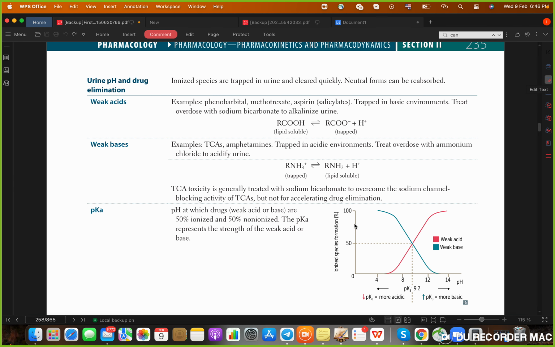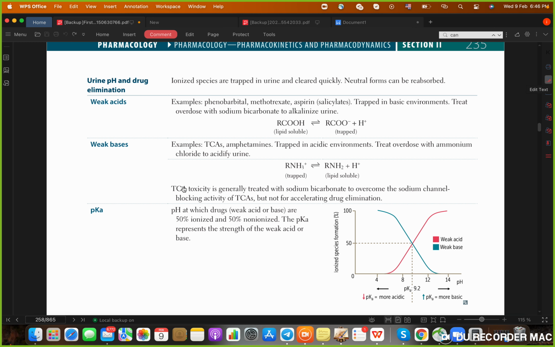Because sodium bicarbonate is actually a base, it does not make sense that we are using it with a weak base. But it does. But it's not for the elimination, okay? So we use sodium bicarbonate for TCA toxicity to overcome the sodium channel blocking activity of the TCAs.